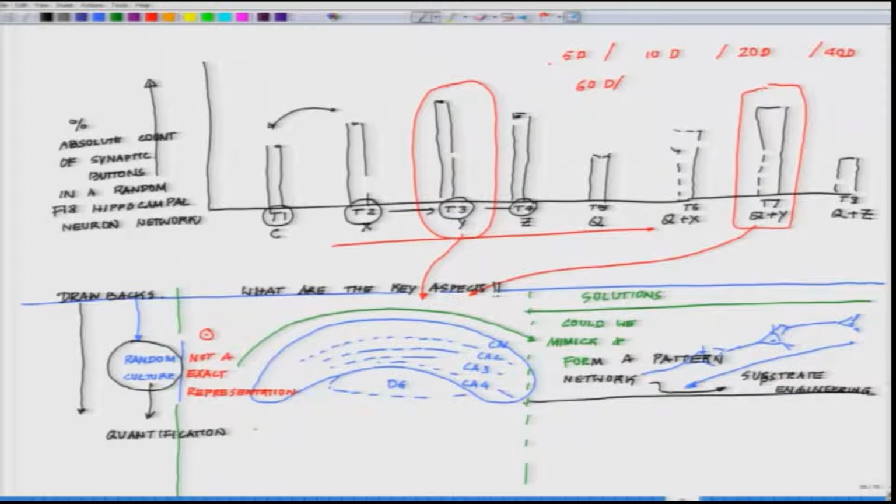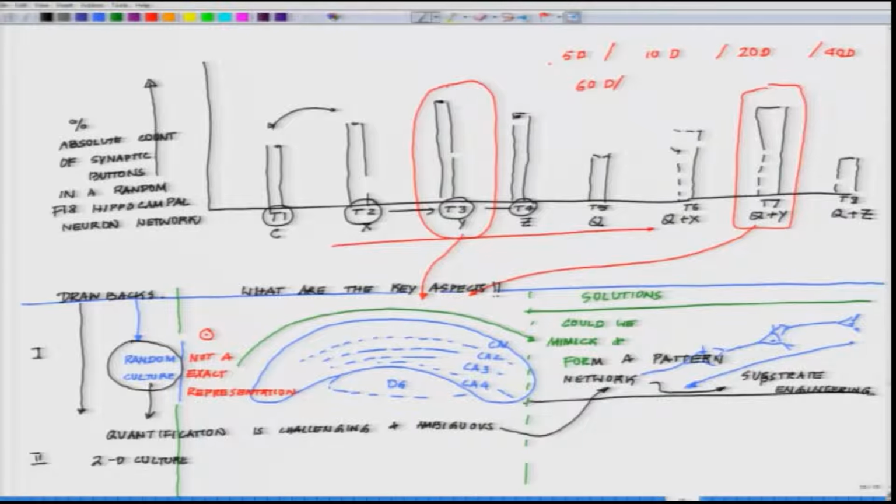Quantification is challenging and ambiguous. That can only be resolved if we have a pattern network. So, they are linked. The second major drawback is, what we have used is a 2D culture.